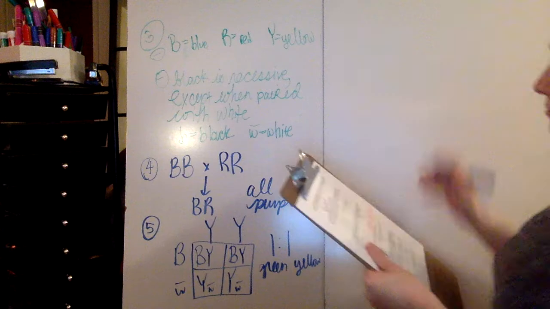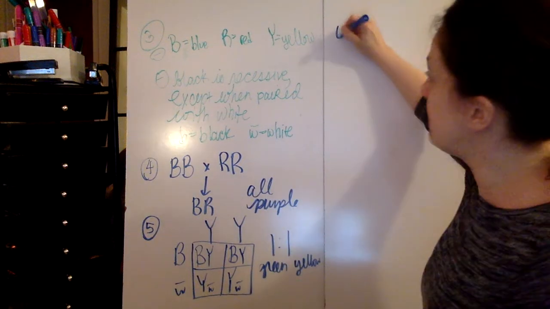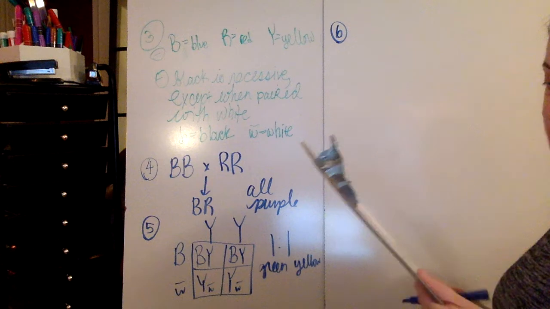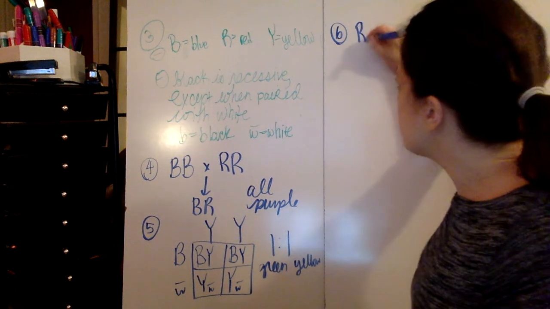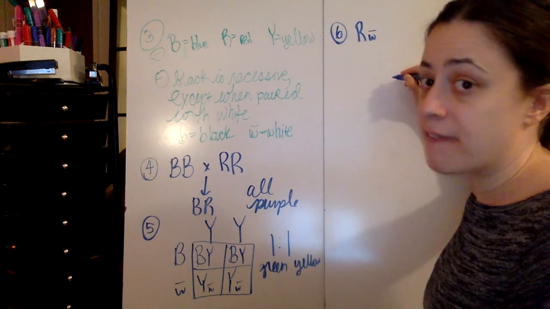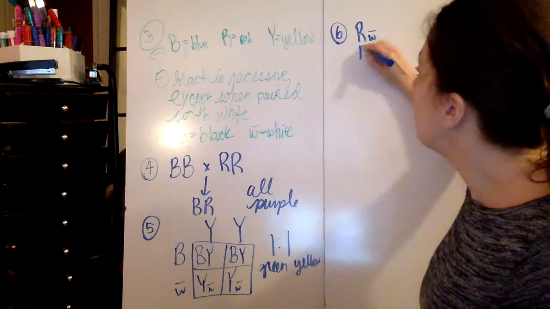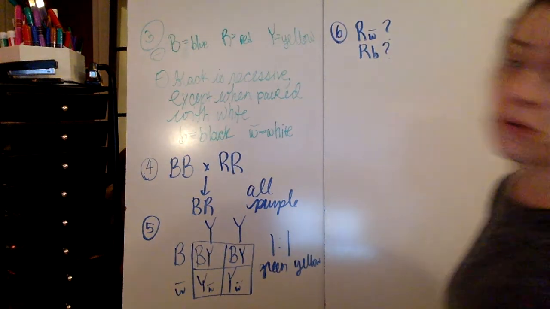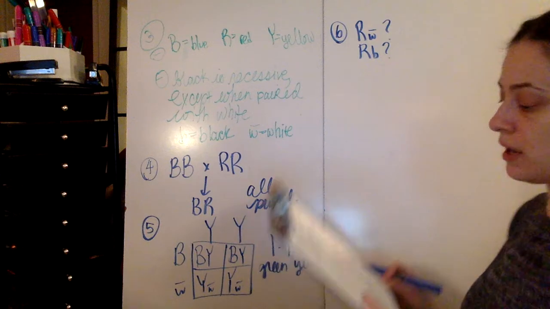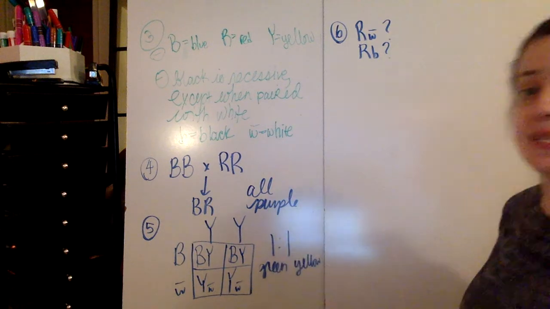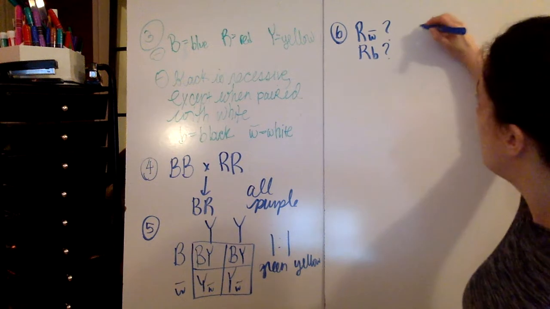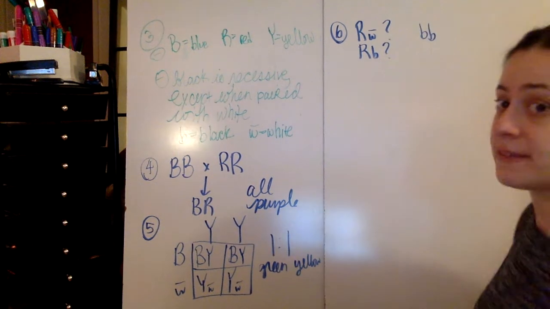If we have a heterozygous red tribble, that tribble could have a recessive white allele, or it could have a recessive black. We're not sure which one. It could be either. And then for the homozygous black tribble, there's only one genotype possible, which would be 2 of the recessive Bs.